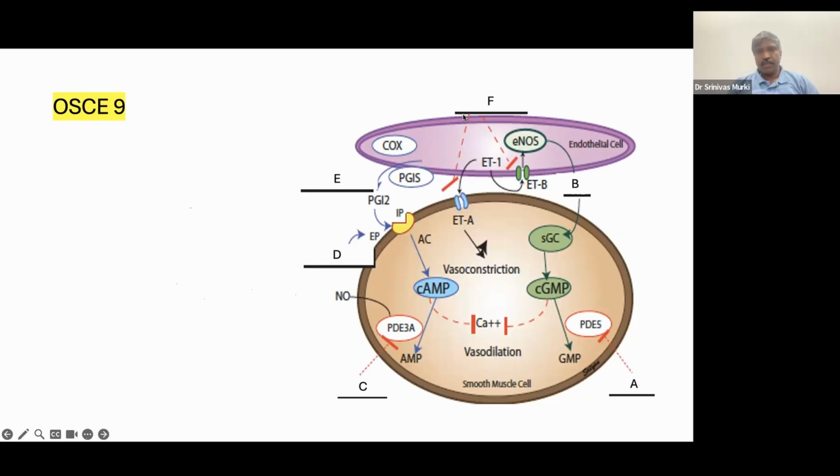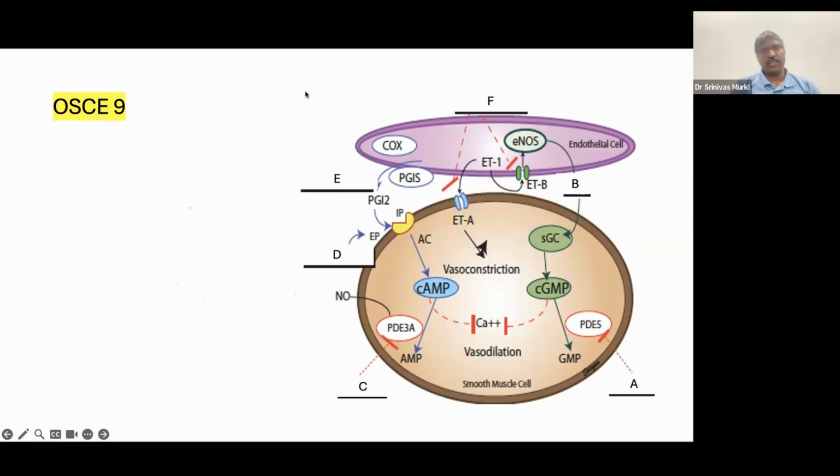So yeah, this is a graph which depicts vasoconstriction and vasodilatation in the pulmonary artery, right? A, B, C. So you have to think about phosphodiesterase 5 inhibitor, then what promotes the synthesis of cyclic GMP. C is phosphodiesterase 3 inhibitor.